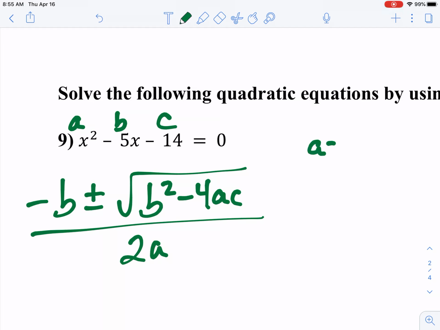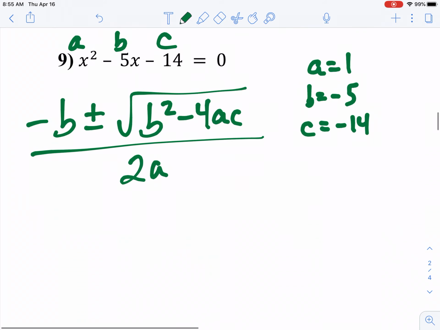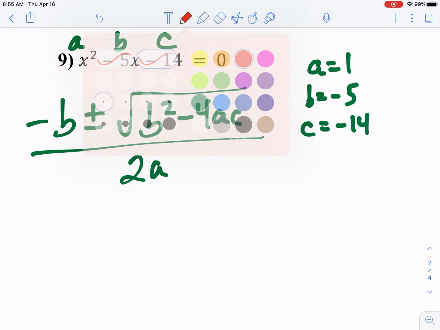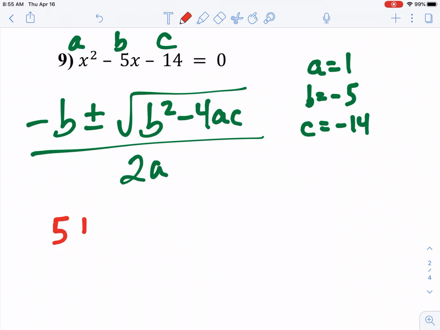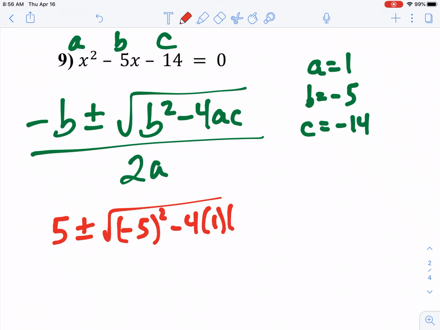So a is 1 here, b is -5, c is -14. Okay? Those negative signs are attached to the numbers. So the negative of -5 is just 5, plus or minus, -5 squared, put it in parentheses, minus 4 times 1 times -14, all divided by 2 times 1.